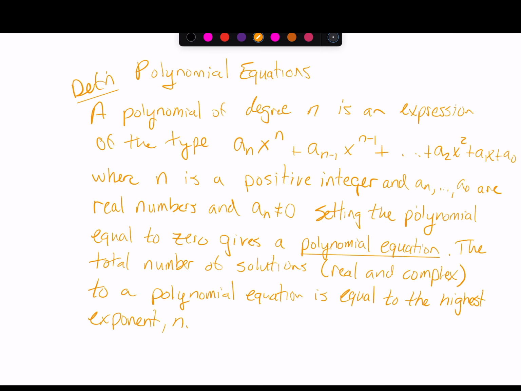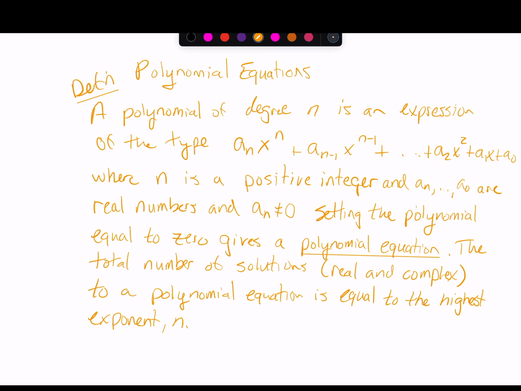If we set this polynomial equal to 0, it gives us a polynomial equation. The total number of solutions, both real and complex, to any polynomial equation is equal to the highest exponent, n.